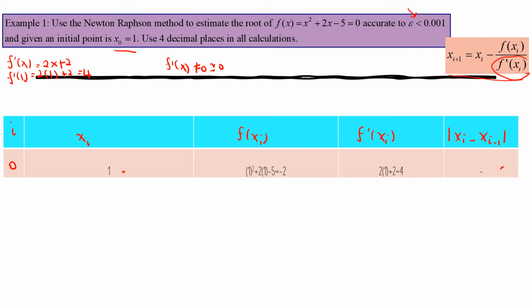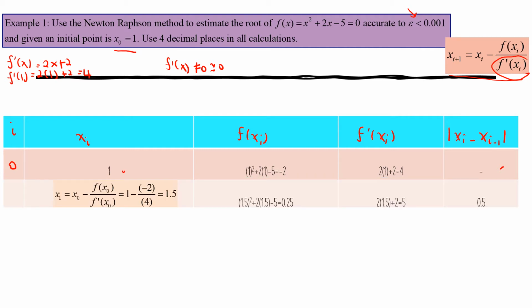Next, for the next iteration, which is 1, to find x1, you will use the formula for the Newton-Raphson method, which is x1 equals x0 minus f(x0) over f prime of x0. Here you substitute x0 equals 1, f(x0) equals negative 2, and f prime of x0 equals 4, and you will get 1.5.